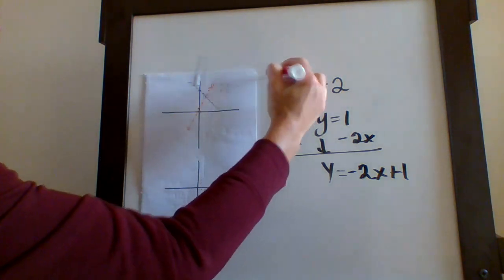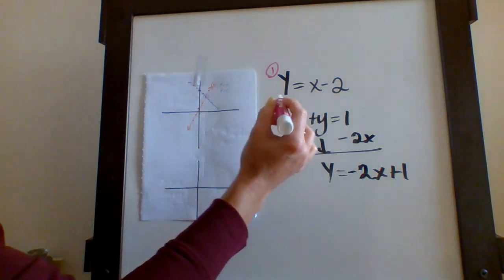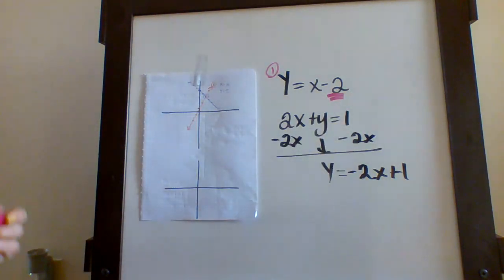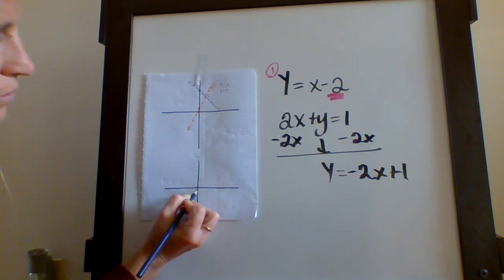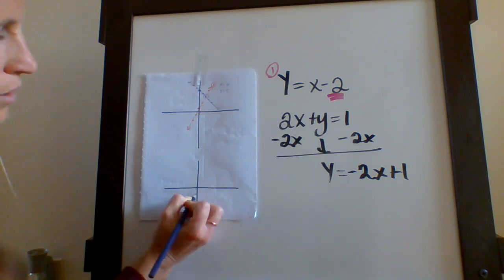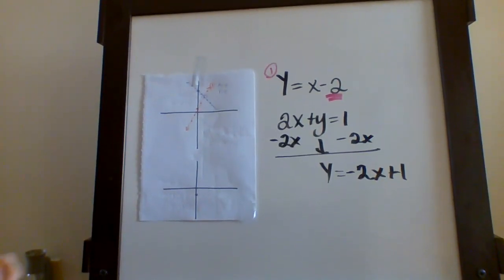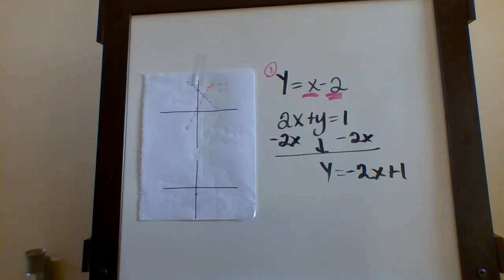So we'll call this equation number 1. And on equation number 1, my y-intercept is going to be a negative 2. So I'm going to start my graph at negative 2. So down here, I'm going to go down to negative 2. And that's where I'm going to stop. This x, remember, tells me that my slope is a 1 or 1 over 1.